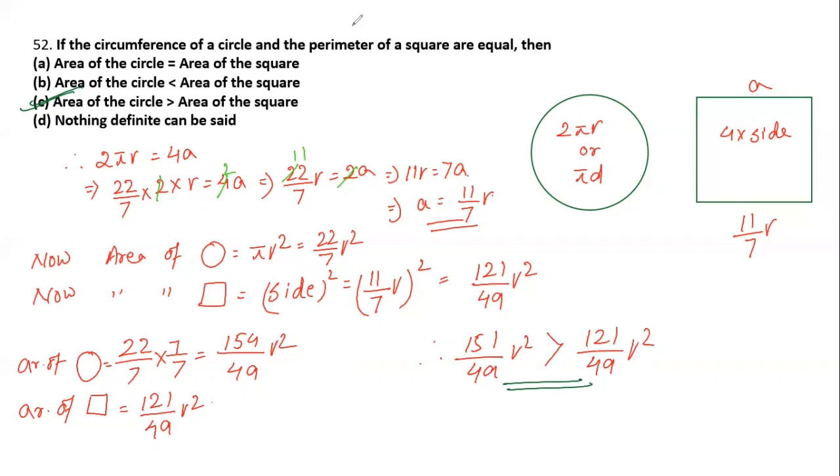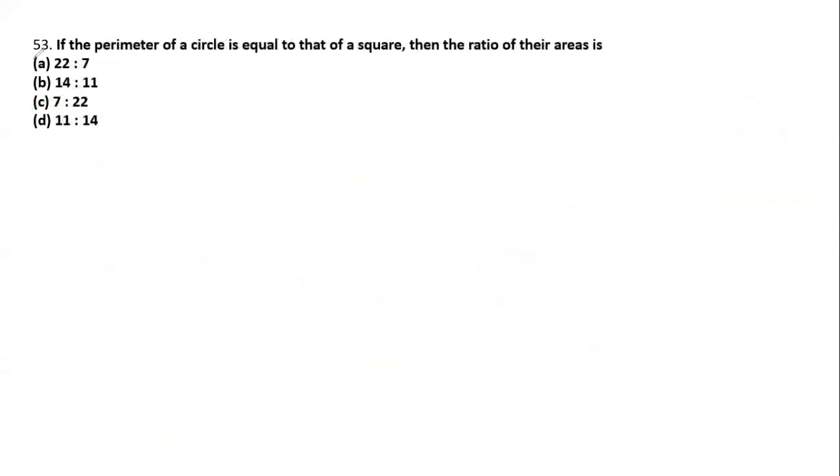Okay, last question, question number 53. If the perimeter of a circle is equal to that of a square. Okay, perimeter of the circle.